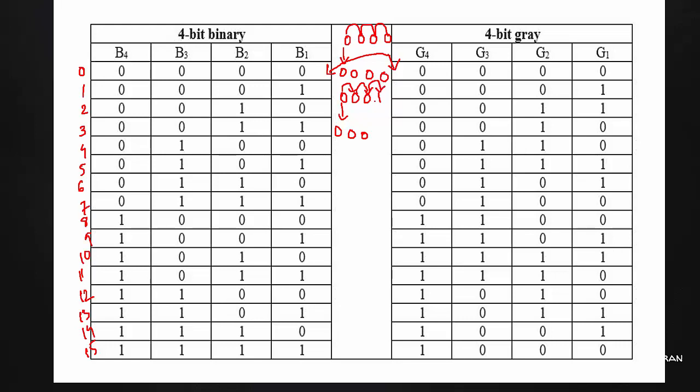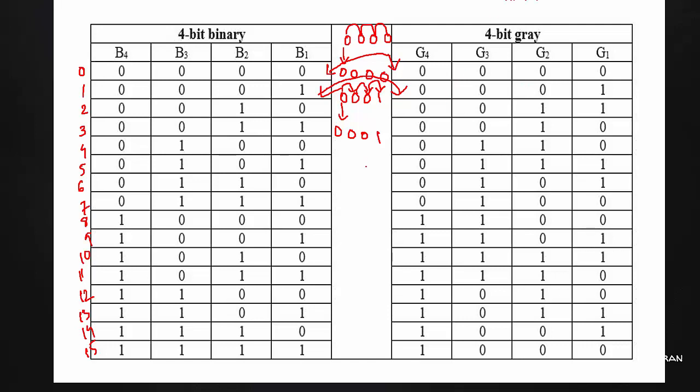Next, 0 XOR 1. 0 and 1 are different bits, so XOR gives the result 1. So it is clear that the gray code equivalent of binary 0001 is 0001 itself.